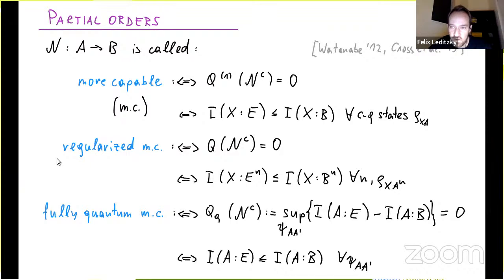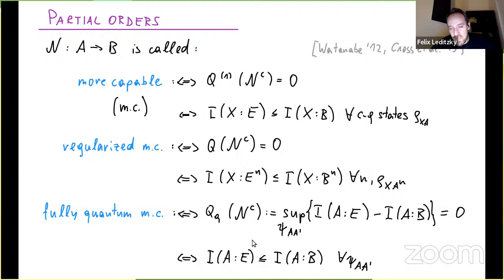We then can again regularize this. So we say a channel is regularized more capable if the quantum capacity of the complementary channel is zero, which now means that we need to satisfy this inequality for all number of channel copies. But again, restricting to pure state quantum ensembles. And then we can also make this fully quantum again in the same way, where instead of the CQ states, we now take pure bipartite states, but arbitrary.